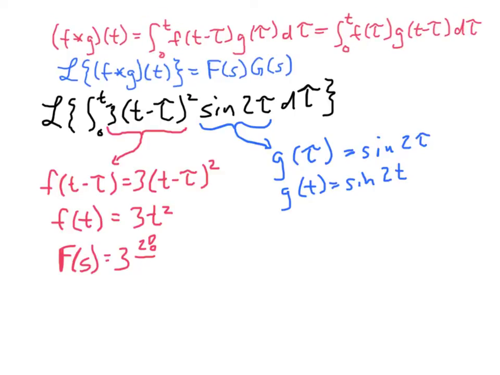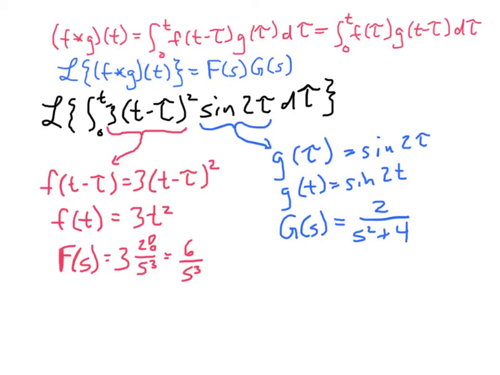Over s to the third, which would then just be 6 over s to the third. And for our capital G of s, the Laplace transform of sine 2t is 2 over s squared plus 2 squared, or s squared plus 4.